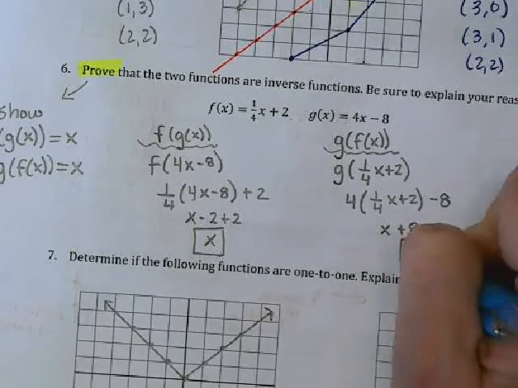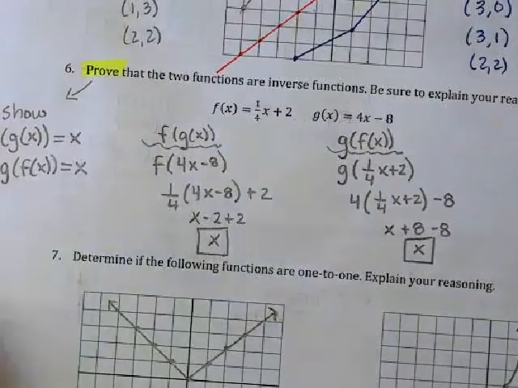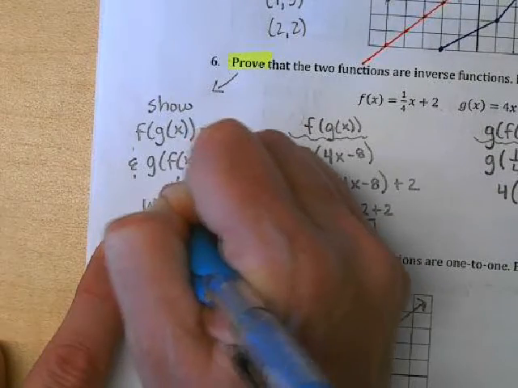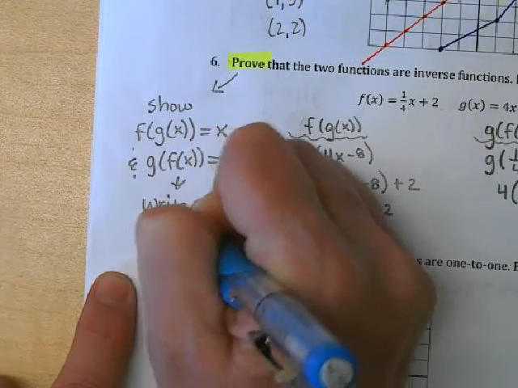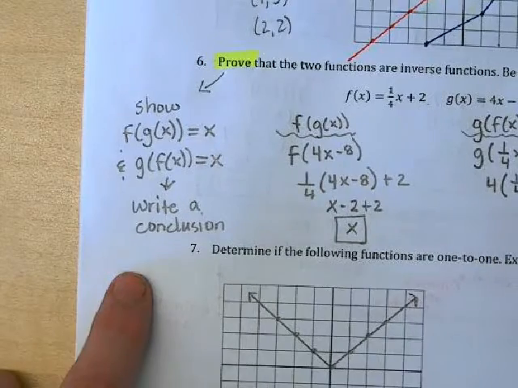Now, be careful. When you're doing a proof, not only do you have to show this, you have to write a conclusion. A lot of people forget that, or they think, does that really matter? It totally matters when you're proving.